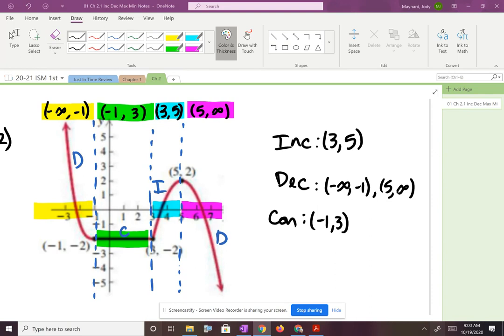All right, now for both of these, it says go ahead and state the relative maximum and minimums. So I'm going to go back and look at this one.